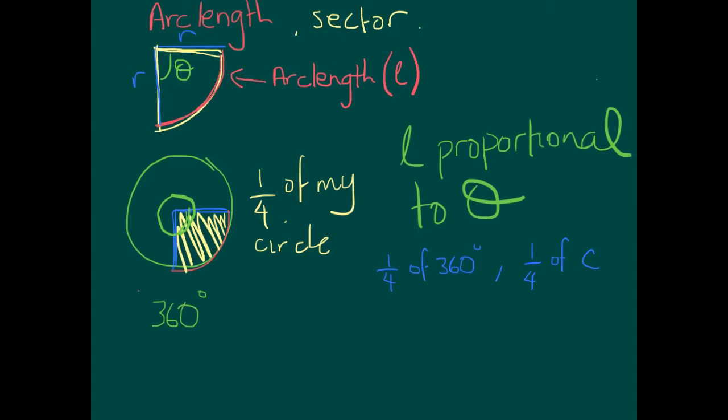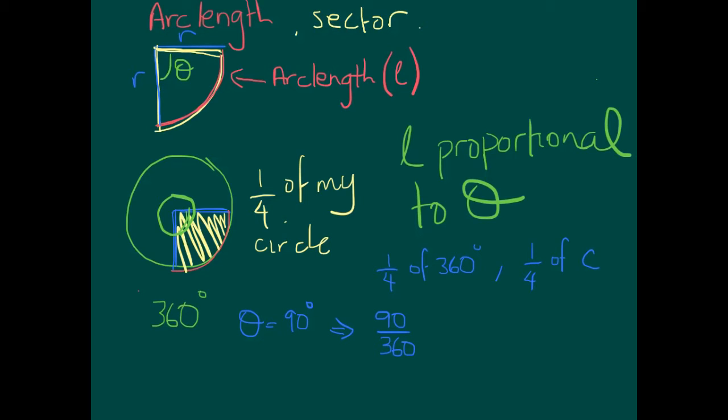So if theta equals 90 degrees, I can figure out what fraction theta is of 360 by writing 90 over 360 degrees.